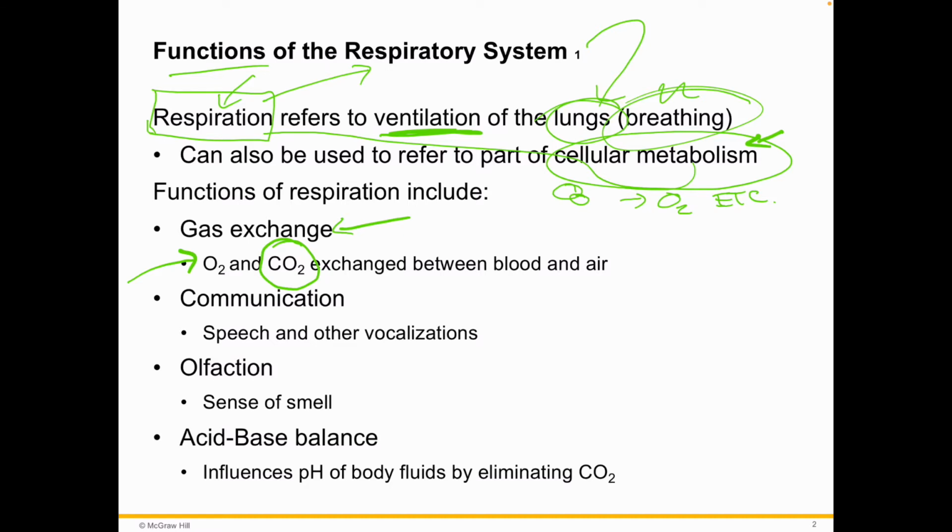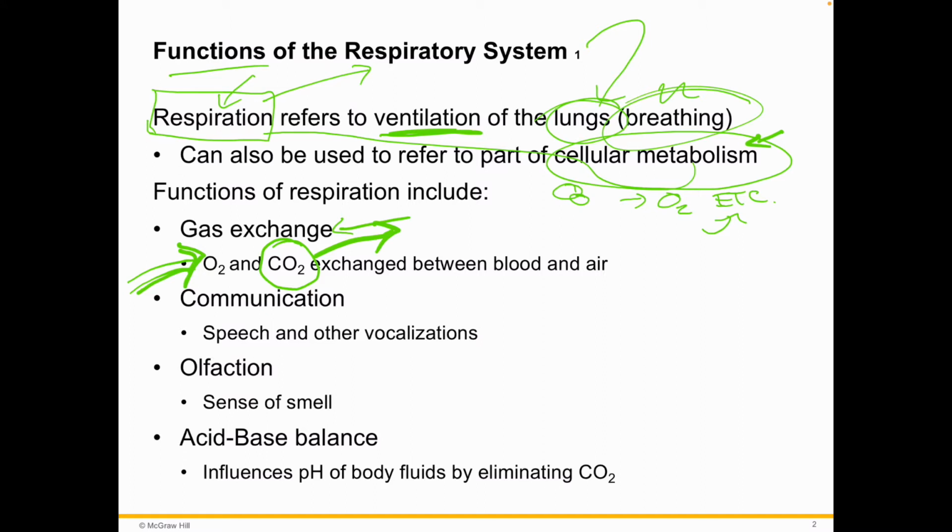And we use oxygen, which is the input to run the electron transport chain, which gives us all that ATP, okay? So you'll want to be thinking of the lungs as pulling in oxygen and taking out carbon dioxide, pushing that back into the outside world.